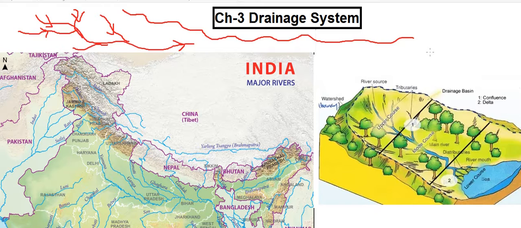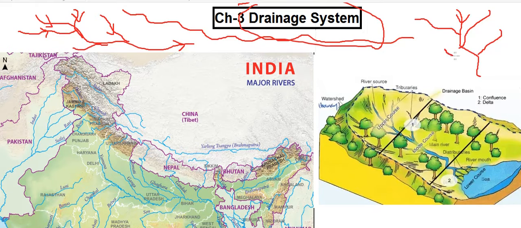Now, what then is drainage system? This is the chapter about the drainage system. So what is drainage system? A network of such channels is called the drainage system. Suppose this is the river which is flowing and some other small rivers are joining this river and adding more water, ultimately leading to the sea.